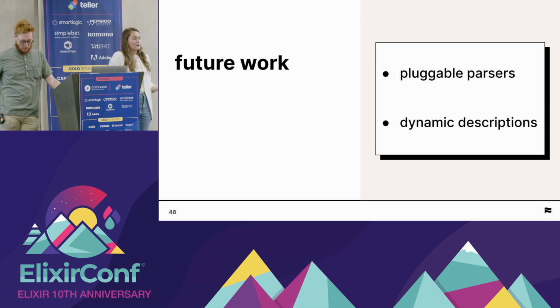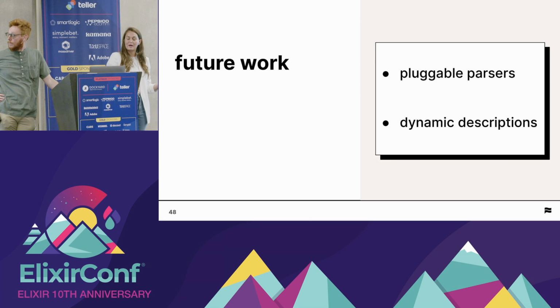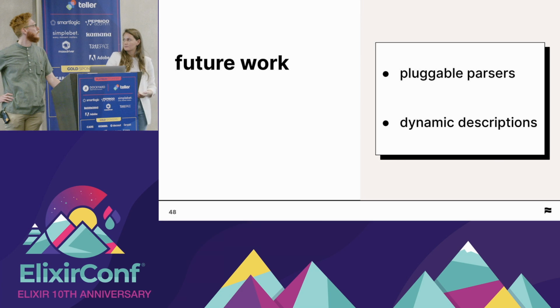We definitely acknowledge that there's some future work that needs to be done. For example, pluggable parsers would be a great use case for things like required parameters. There are many ways that you can specify required parameters, and it's basically impossible to automate all the ways in which an application can specify required params.